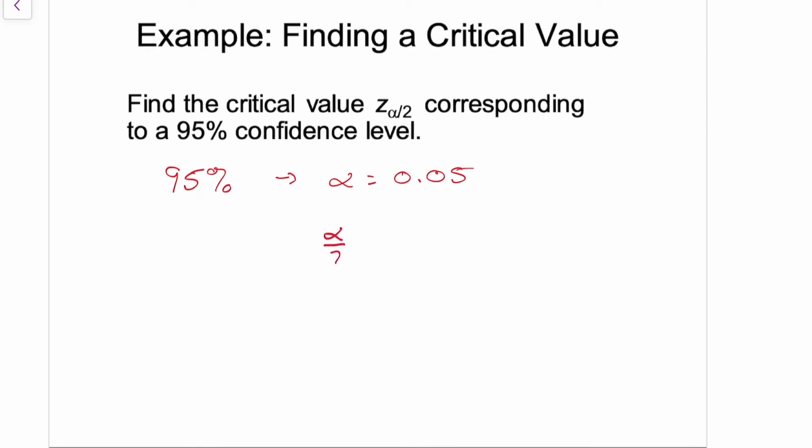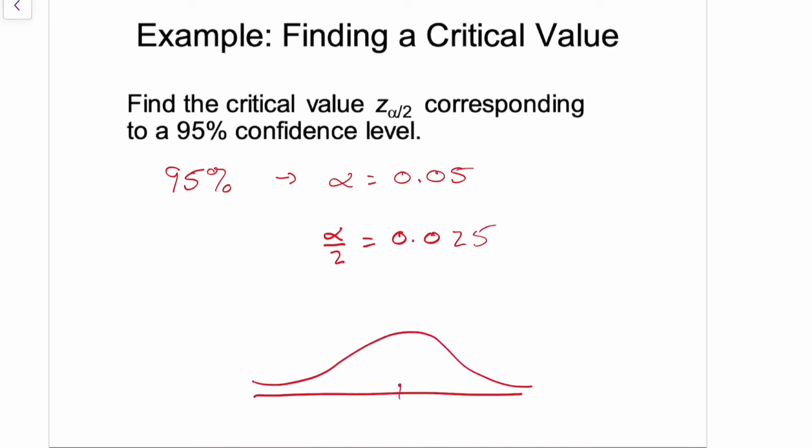If I divide that by 2, my alpha over 2 is 0.025. If I look at a standard normal chart, that means that this z-score of alpha over 2 should have an area to the right of 0.025.